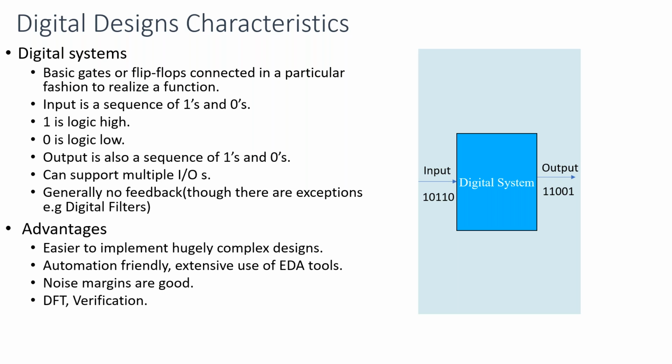The biggest advantage of inventing the digital system was that it has a very good noise margin. And there are other advantages: there are a lot of tools and automated systems which help in designing the system. That's why you see a lot of digital systems coming up in the marketplace.